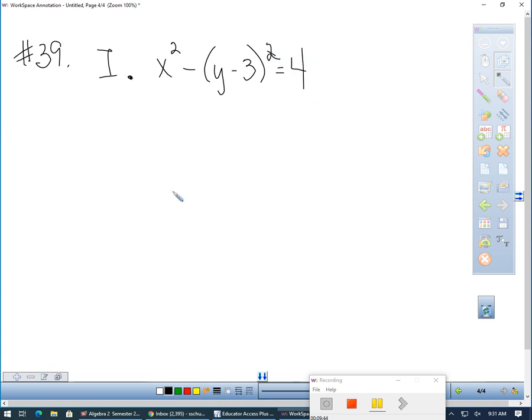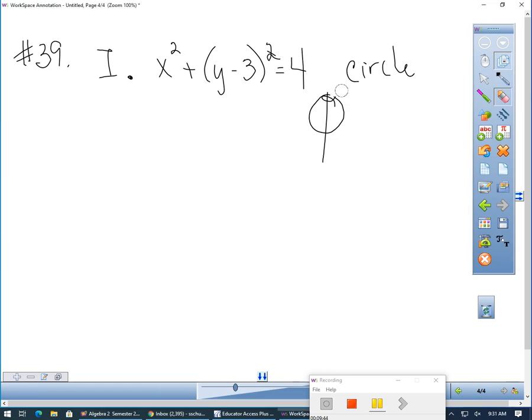If you look at this one, sorry, this is a circle, right? And this circle would not be a function, correct? If I were to draw a vertical line down, or do my vertical test or pencil test, it would cross it twice. So this is not a function. So 1 is not an option.